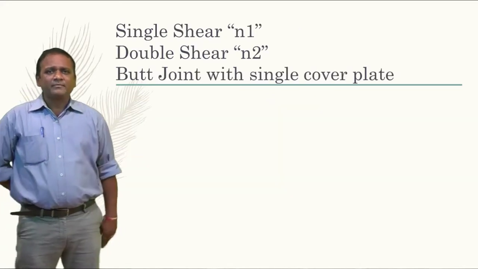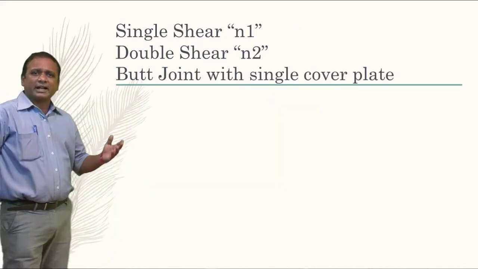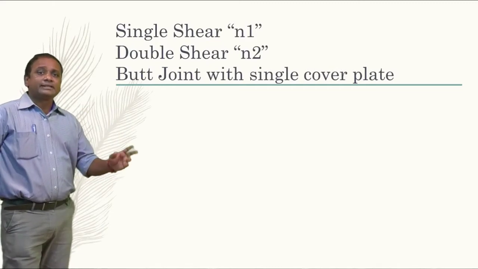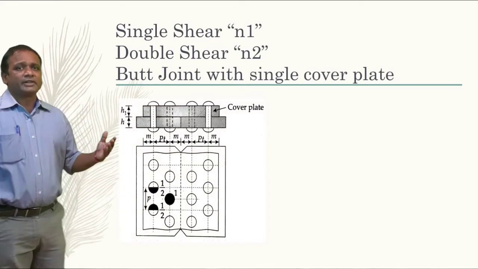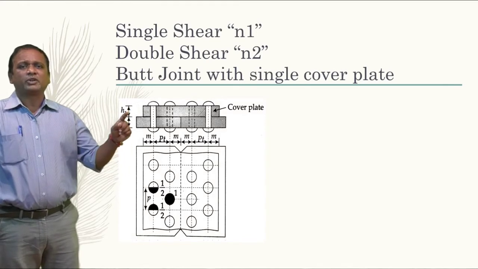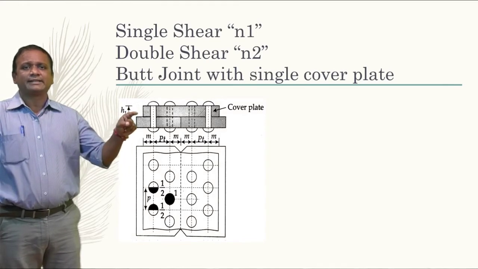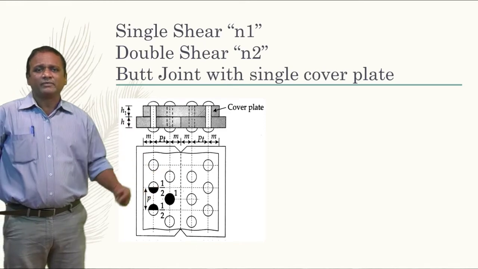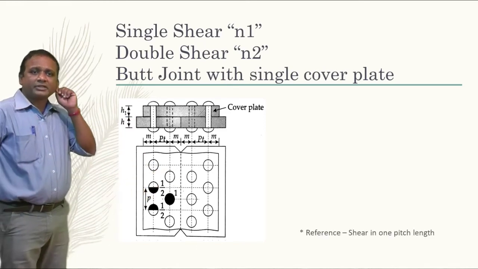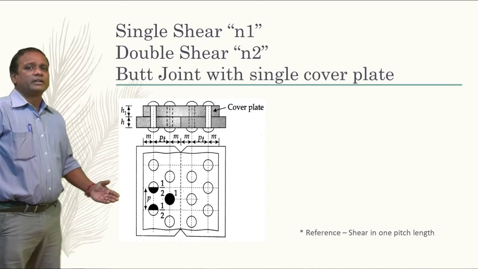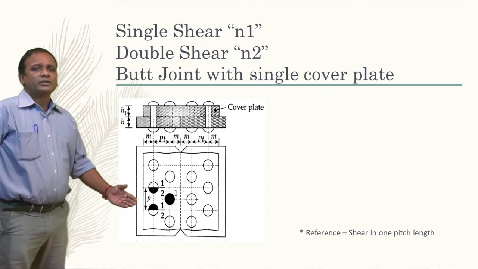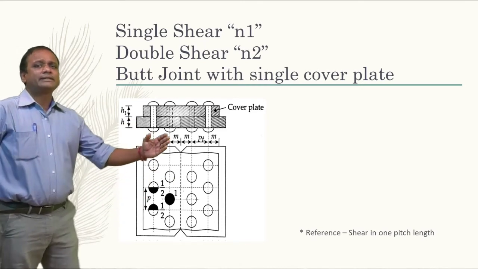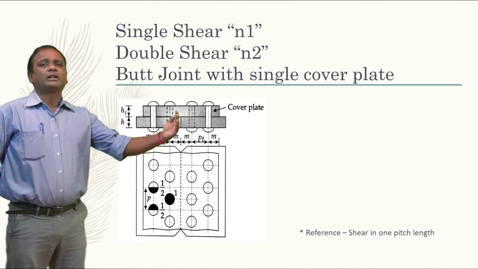In a similar way, let's take one more case where I have a butt joint with a single cover plate, and see what happens. You can see over here a butt joint, and I have a single cover plate over here, but the arrangement is again zigzag. Again the reference would be shear in one pitch length, as you can see over here. At this section, you can take either this part or that part.